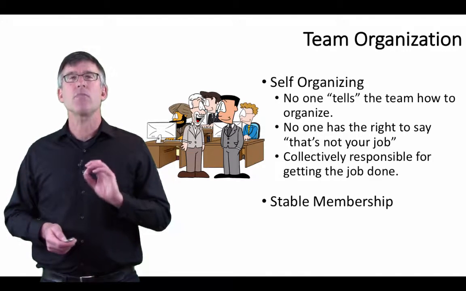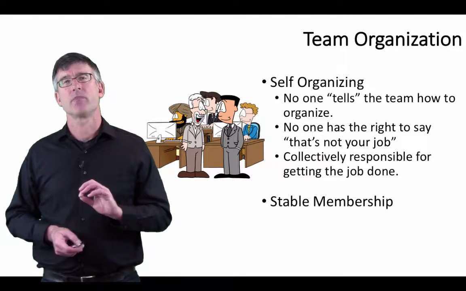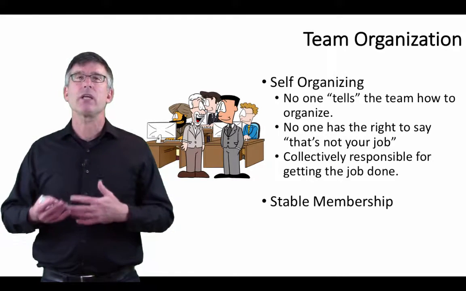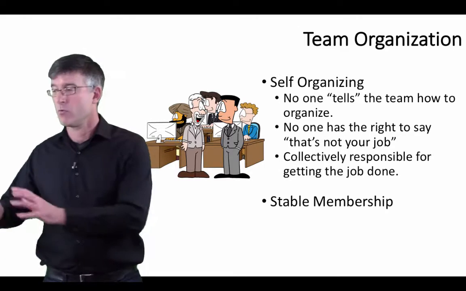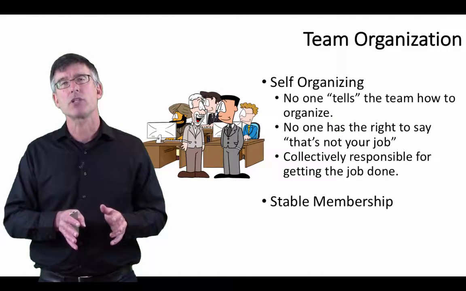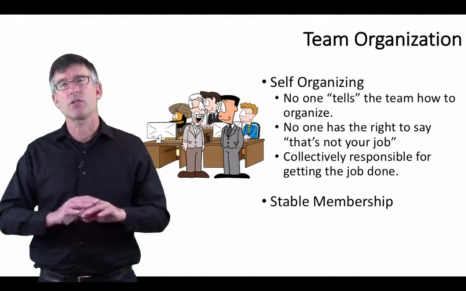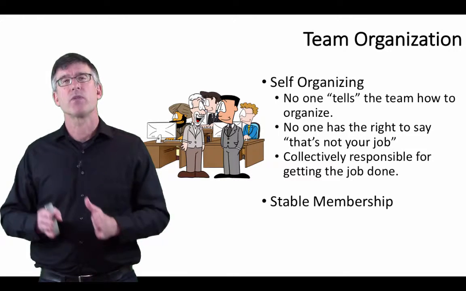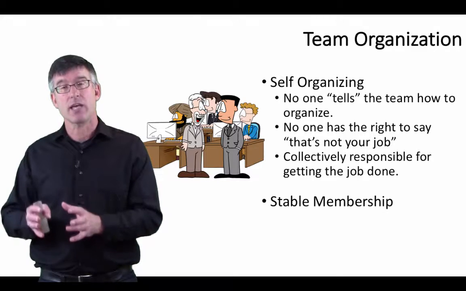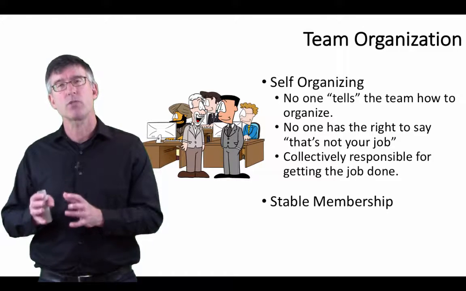Finally, a Scrum team has stable membership. Now, typically in a lot of organizations, the way we organize people is we have a project. We bring people to the project. When the project is finished, we disperse the people to new projects. In Scrum, we have a team and it's stable. It's a long-term team.